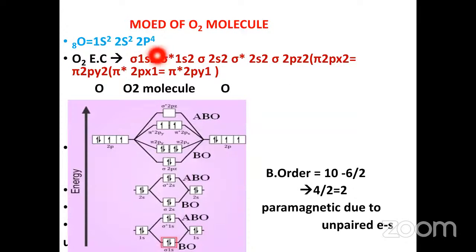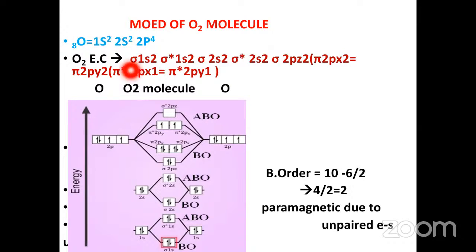Next goes the MOED of the O2 molecule. This O2 molecule is formed by the combination of two oxygen atoms. Here the oxygen atomic number is 8, and the electronic configuration is 1s2, 2s2 and 2p4. Then it has 8 electrons, okay? But what about the O2 molecule? It has 16 electrons.